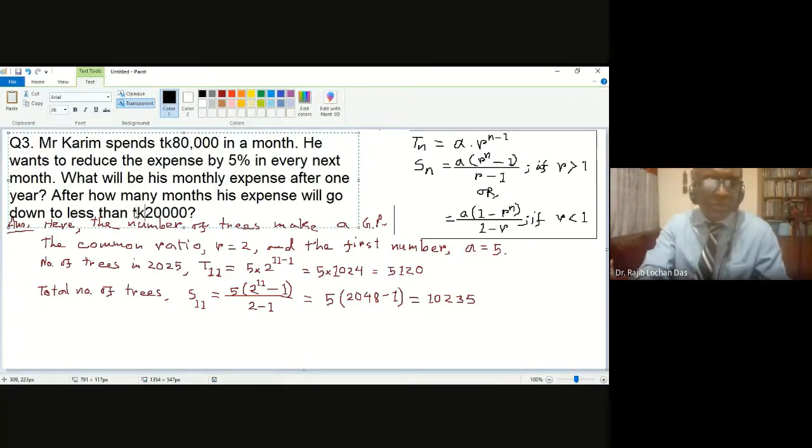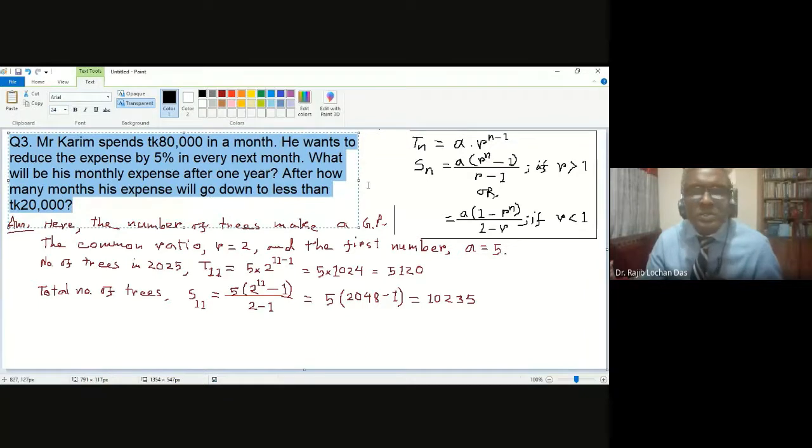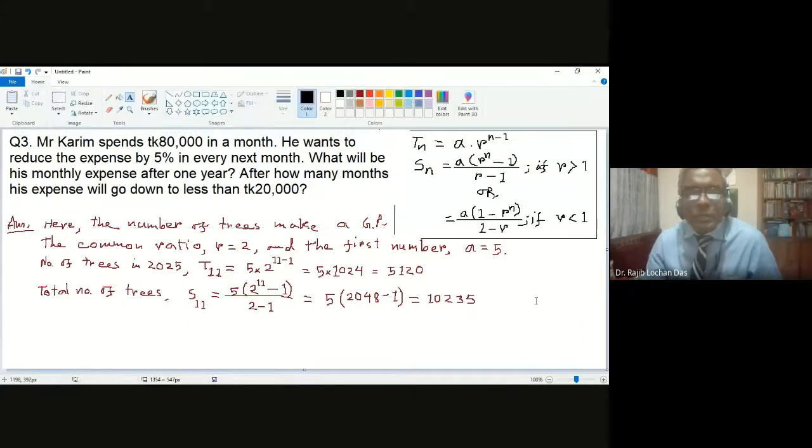Do you understand my question? How it is a geometric progression, I will help you to understand. But just read the text. Is that okay? Do you understand this?